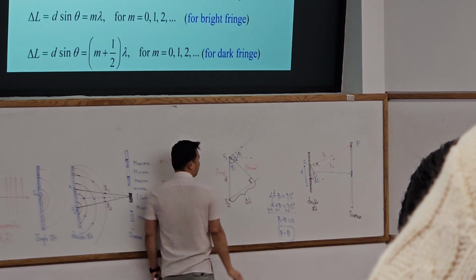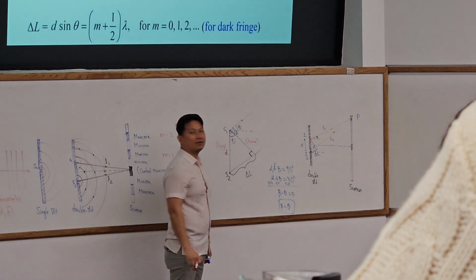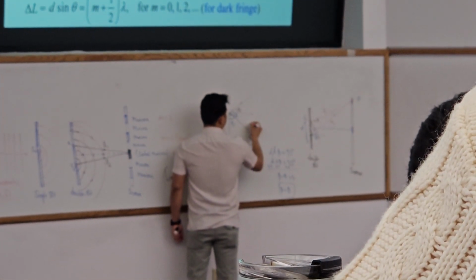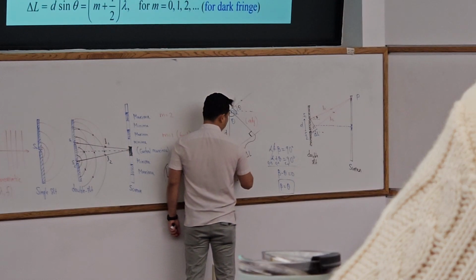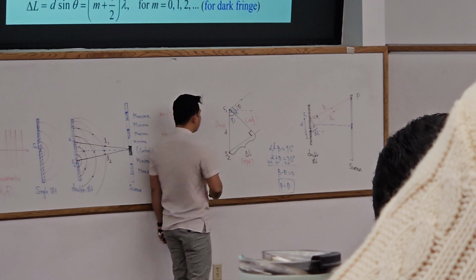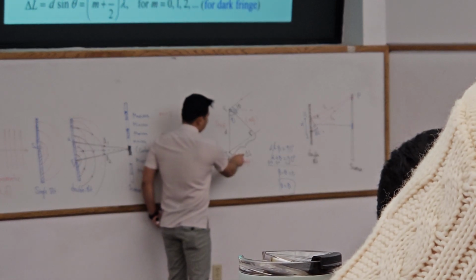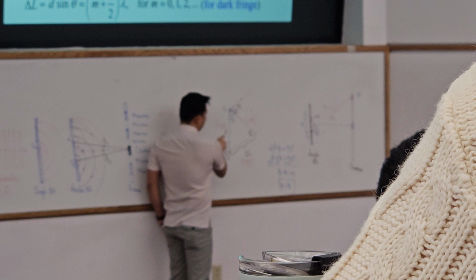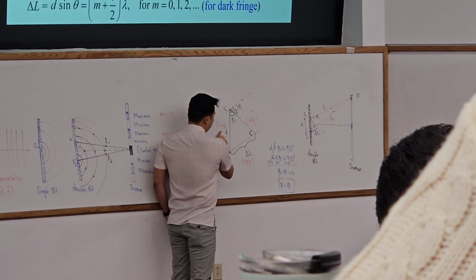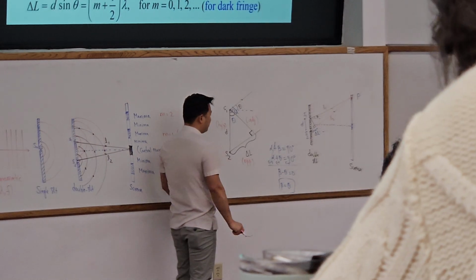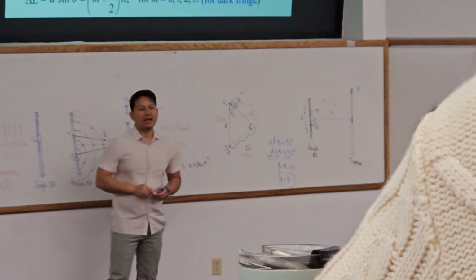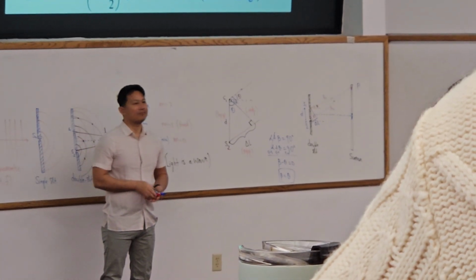What do you call this side of the triangle? Anyone of you? Over here it is adjacent, and this one is opposite. Now I need to calculate this one and I have been given this one. So which trigonometric function gives a relation between this side and this side? Do you know any trigonometric function? Sine, cosine, tangent. Sine.